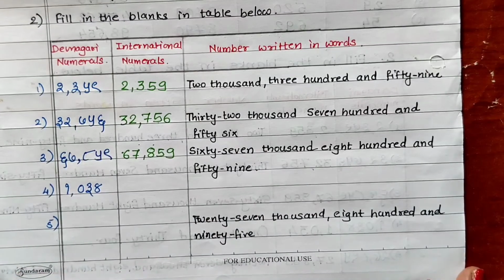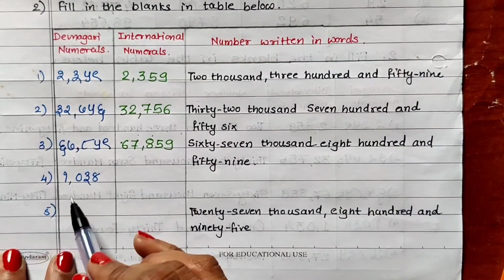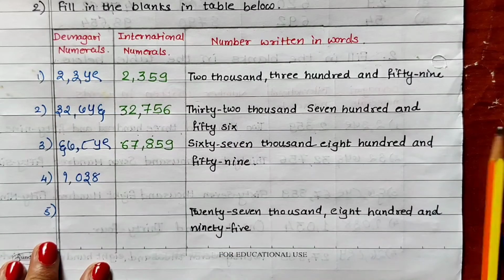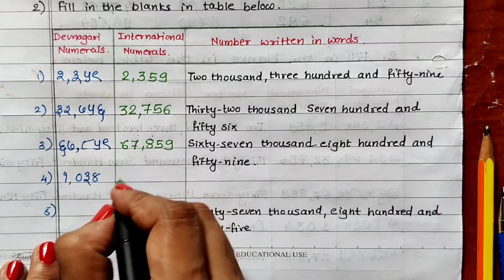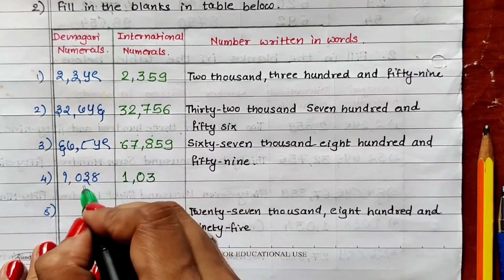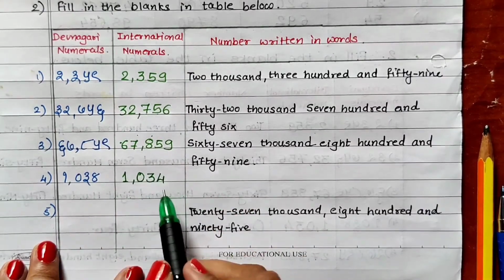Okay. Now next one. We have given in Devanagari 1, 0, 3, 4. So 1 means 1, 0 means 0, 3 means 3, 4 means 4. Now read it.